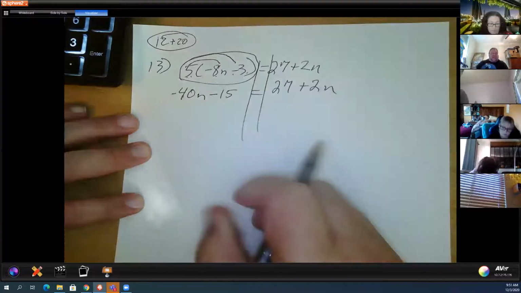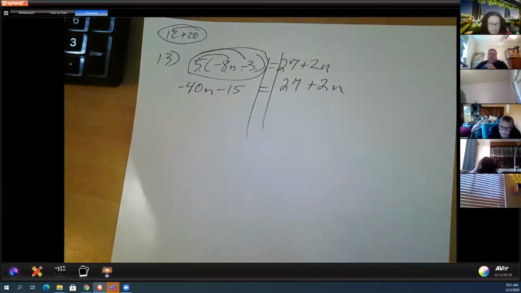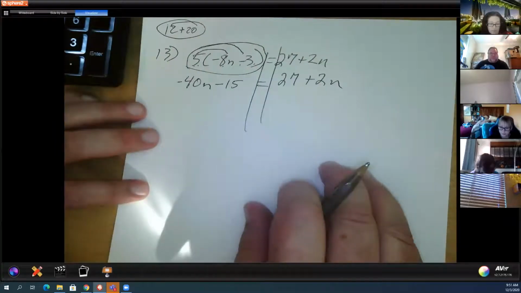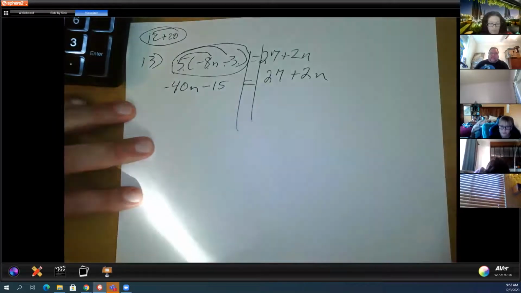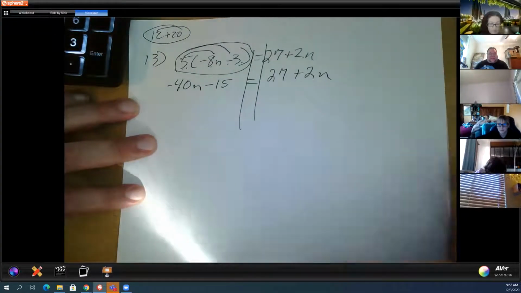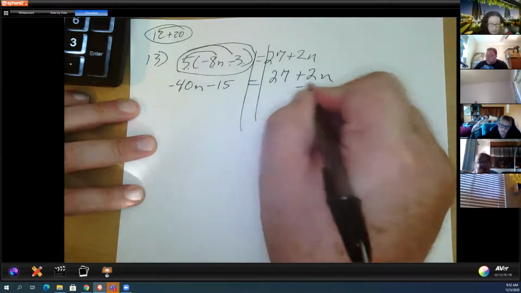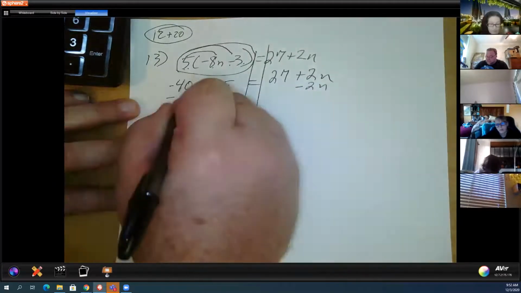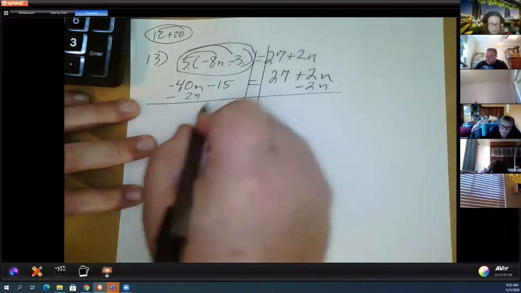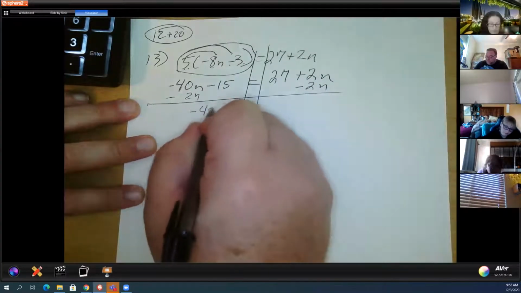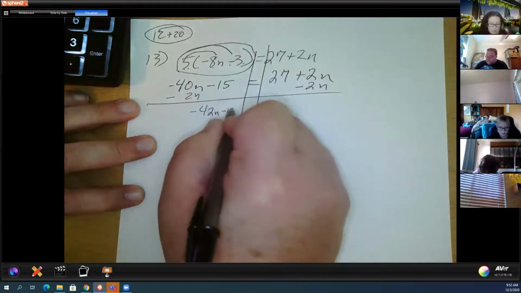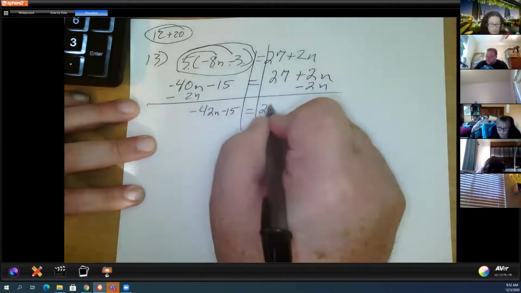Now we're down to a more normal looking multi-step equation, right? Now I still have to decide what I want to do, where I'm going to put stuff. But the reality is that it shouldn't be that tough to do now. I'm going to go ahead and subtract the 2n. This will give me negative 42n minus 15 equals 27.